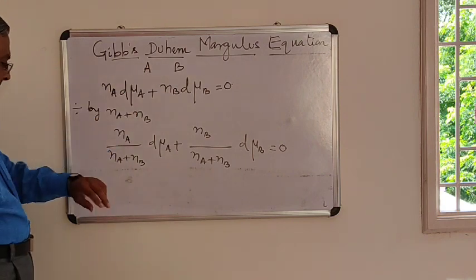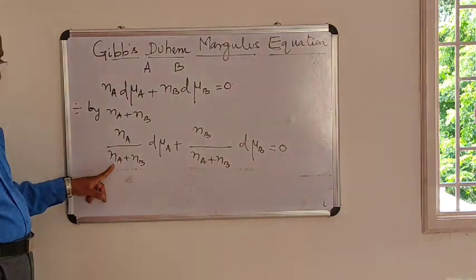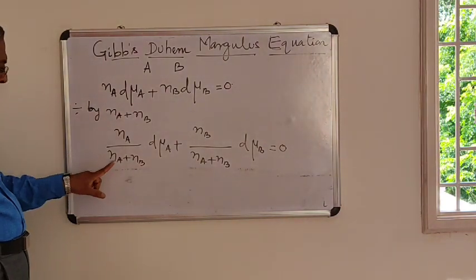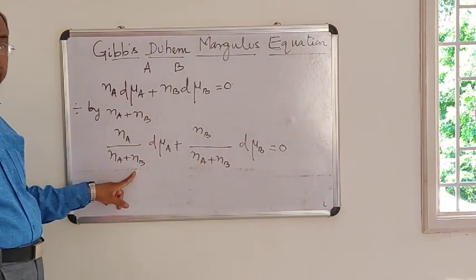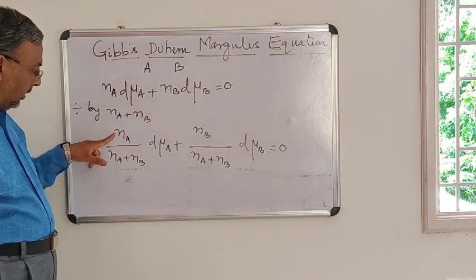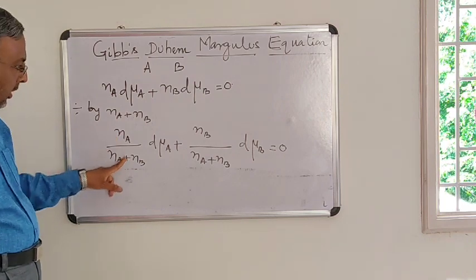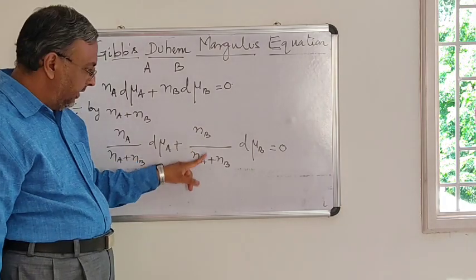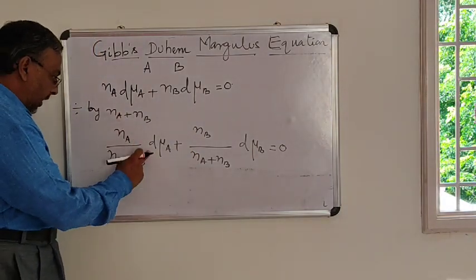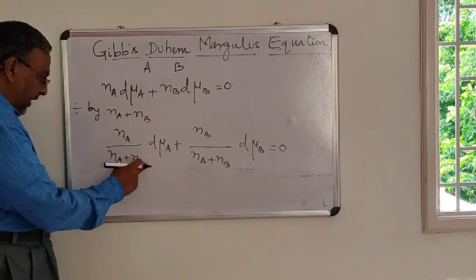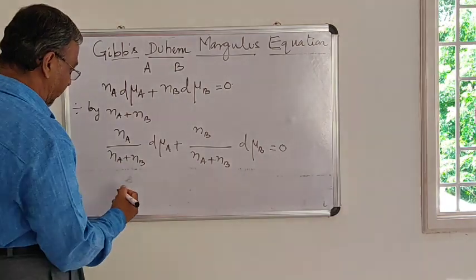Na divided by Na plus Nb is nothing but the mole fraction of A. What is this Na plus Nb? Na plus Nb is the total number of moles. Number of moles of A divided by total number of moles, number of moles of B divided by total number of moles, this is nothing but mole fraction.